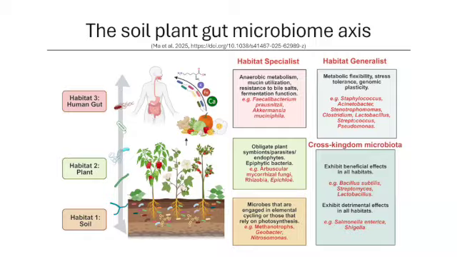Such as, and I've written some of these down in the hope that I'll be able to pronounce them properly. Things that live in the guts tend to be ones that can eat mucin. Mucin is a glycoprotein that's in the mucus that's secreted by the insides of our guts. And things that can live on mucin tend to do quite well in our intestines.